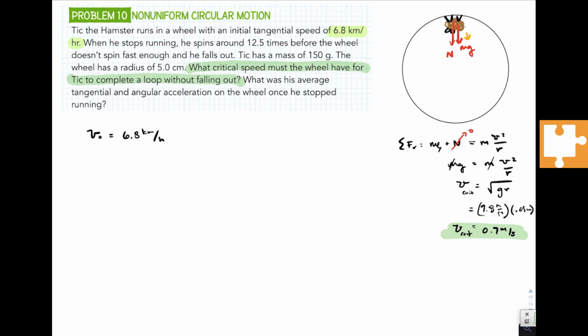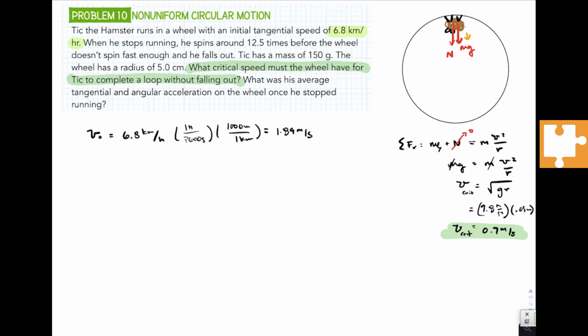Meters per second. So remember we have 1 hour, 3,600 seconds, and then 1 kilometer is 1,000 meters. So that's going to give us 1.89 meters per second. So that's our initial speed.